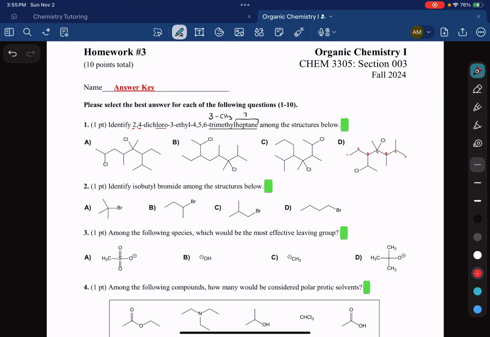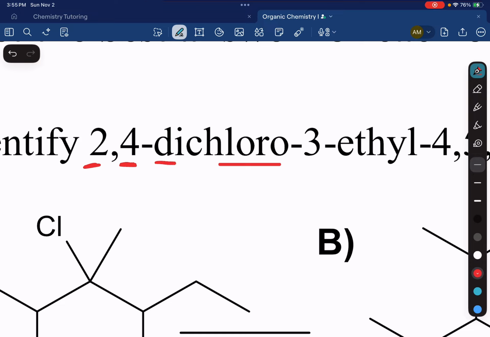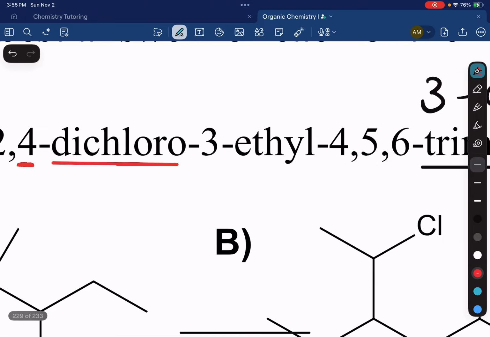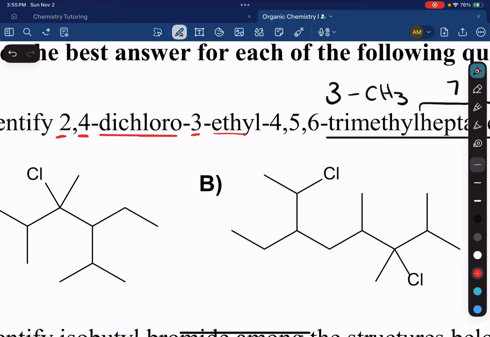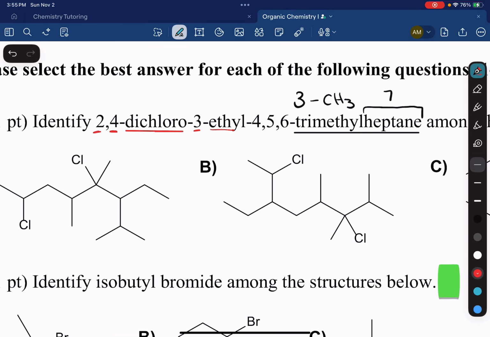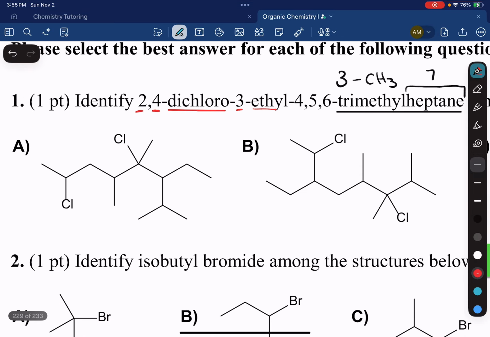Well, actually, okay, they all have 2 chlorines. But that would be something I looked at too. So it's dichloro. So we're going to be looking for 2 chlorines. On carbon 3, we should find an ethyl. And then the 3 methyl groups should be on 4, 5, and 6.